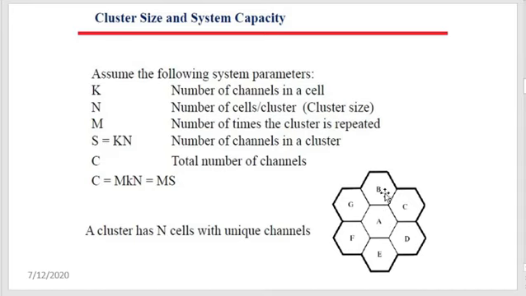Why? Because they both are very close to each other. The filter passband characteristics is such that it will not only allow 900 megahertz, it will allow some portion of 905 megahertz also. So if both channels are allocated to the same cell, there will be interference, because the filter characteristics will allow the adjacent frequency also to come.